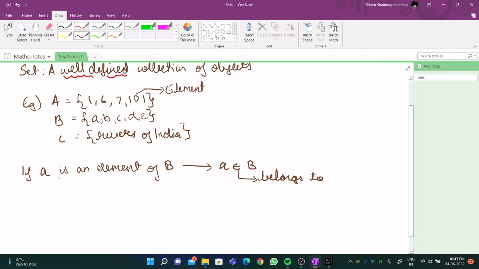If a was not an element of B, then we would write it like this.